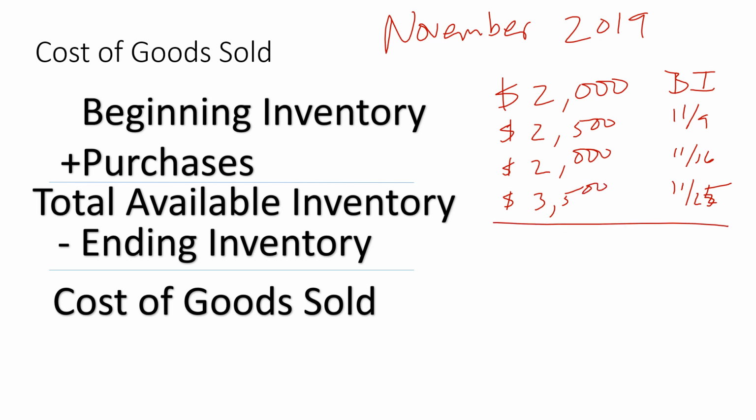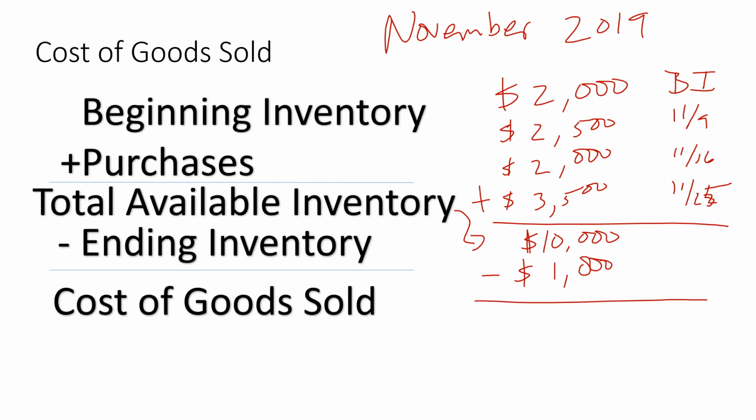So by adding all of these together, that tells us that our total available inventory for the month of November was $10,000. Now at the end of the month, November 30th is finished. We do our physical inventory and we realize that there is still $1,000 worth of product in our storage.